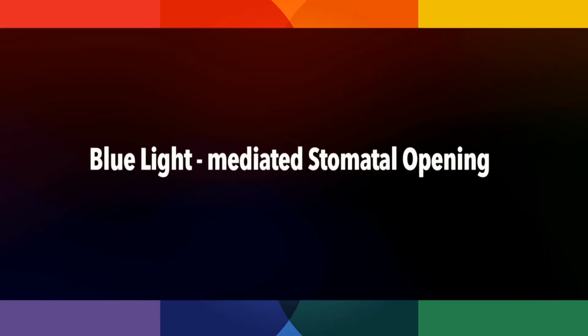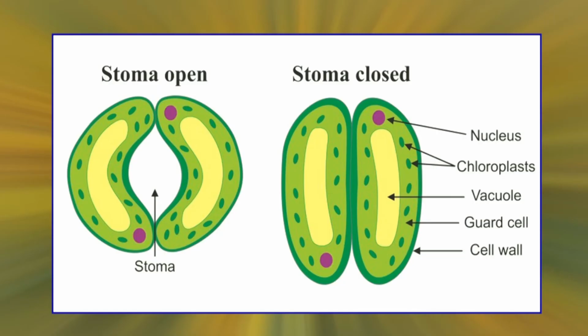Now we will discuss blue light mediated stomatal opening mediated by phototropins. The opening and closing of the stomatal pore is controlled by the movement of a pair of guard cells which surround each pore.